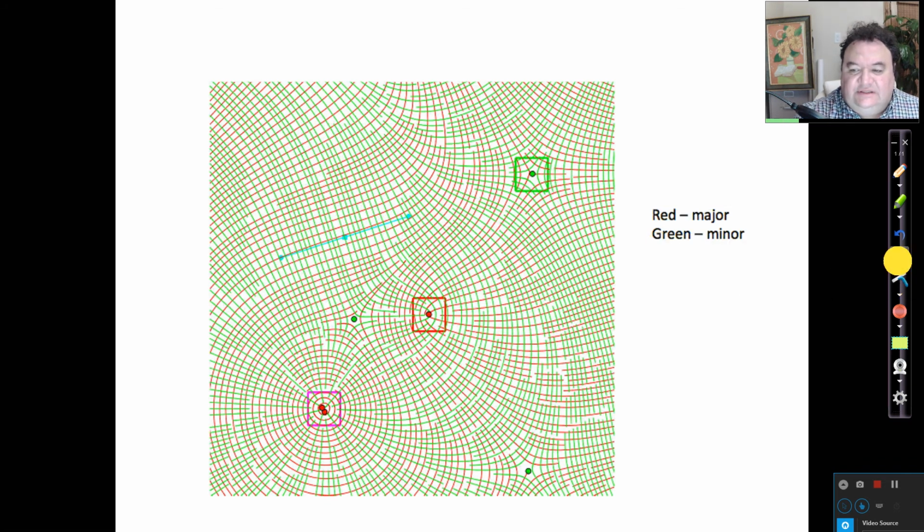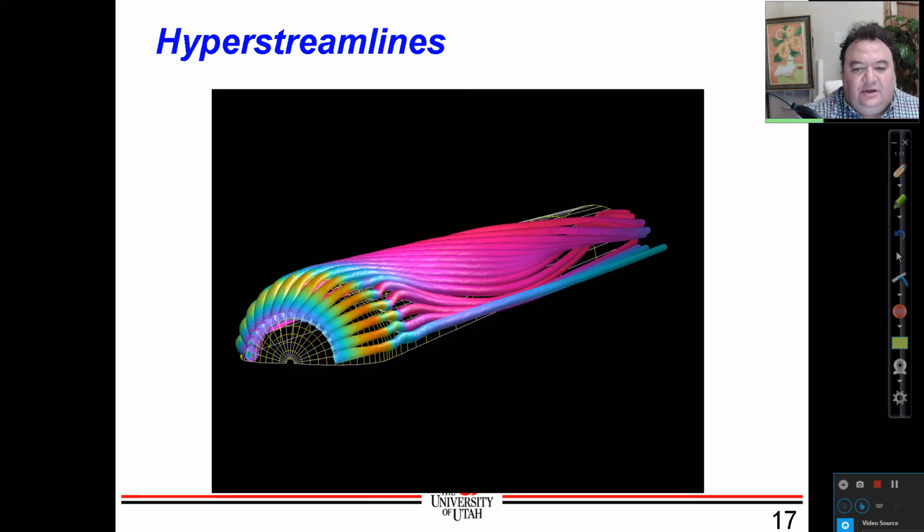What's interesting is that this approach can be generalized in an interesting way in 3 dimensions, where we continue to use the concept of streamlines. So taking the main eigenvector and building an elongated structure like this.